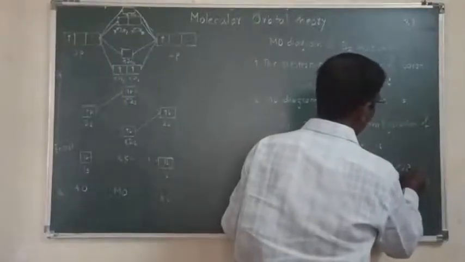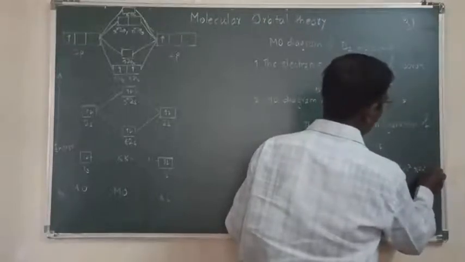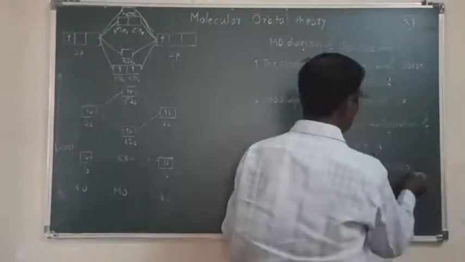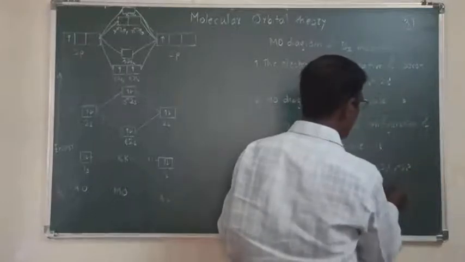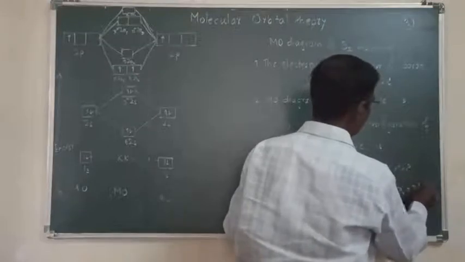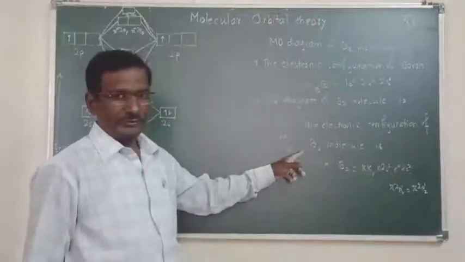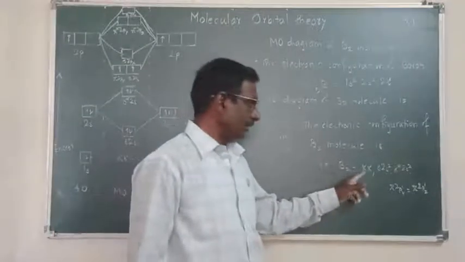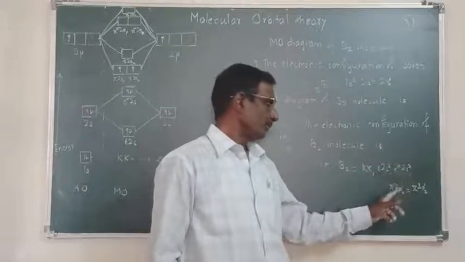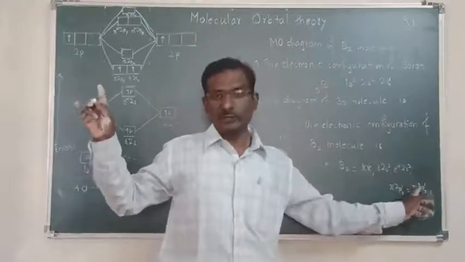Then pi 2py1 and pi 2pz1. Therefore, the electronic configuration of B2 molecule is KK, sigma 2s2, sigma star 2s2, pi 2py1 and pi 2pz1.